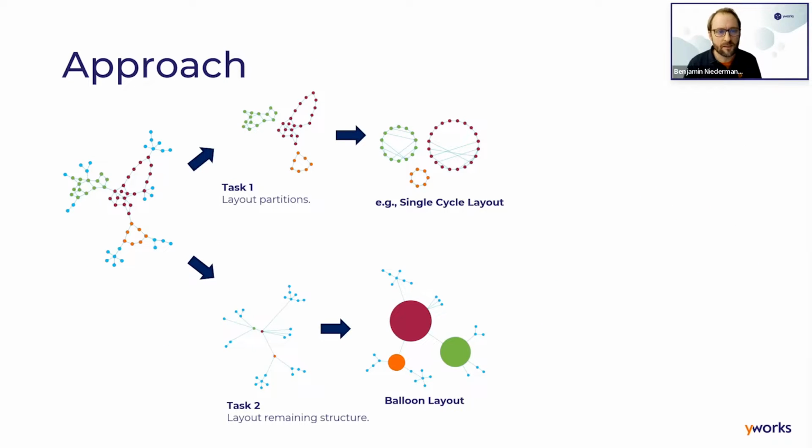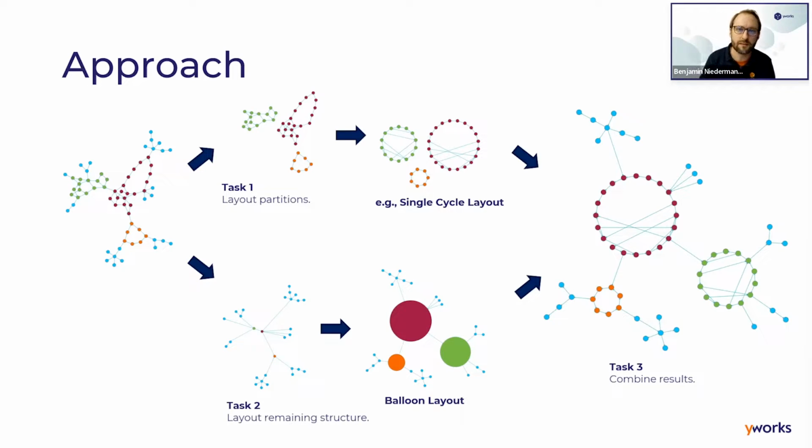So now we have the results of both tasks. We have layouted the single cycle or the partitions, and we also have layouted the remaining structure. And now we combine them, and this combining is really simple. We just replace these large nodes here with their actual layouts.